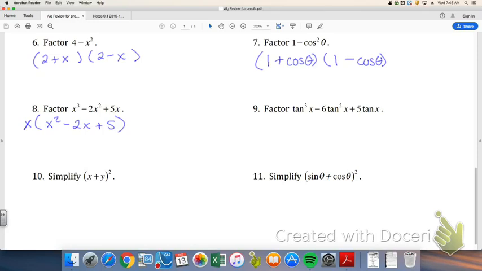What do we do first? Factor out tangent x. When I take tangent of x out of the first term, what am I left with?